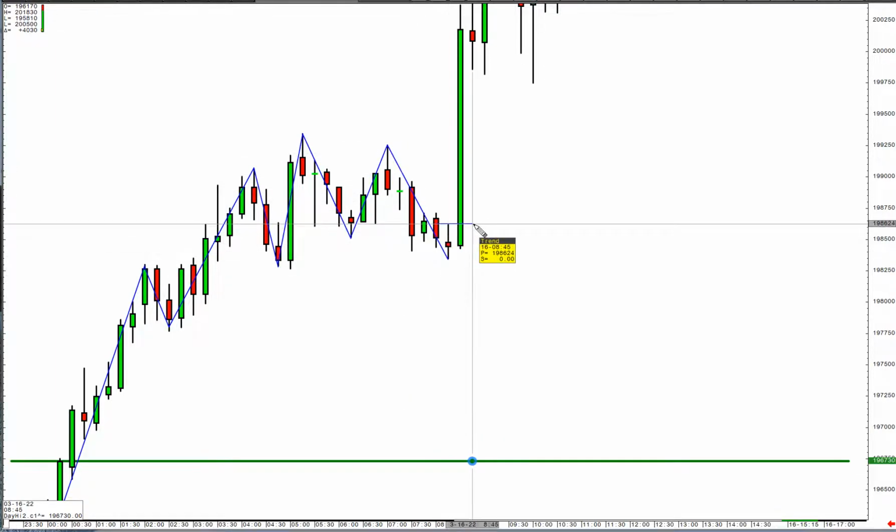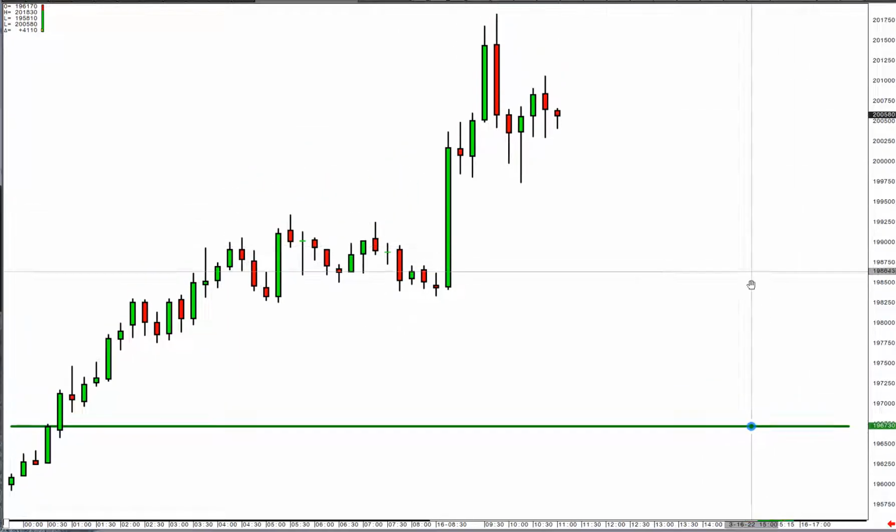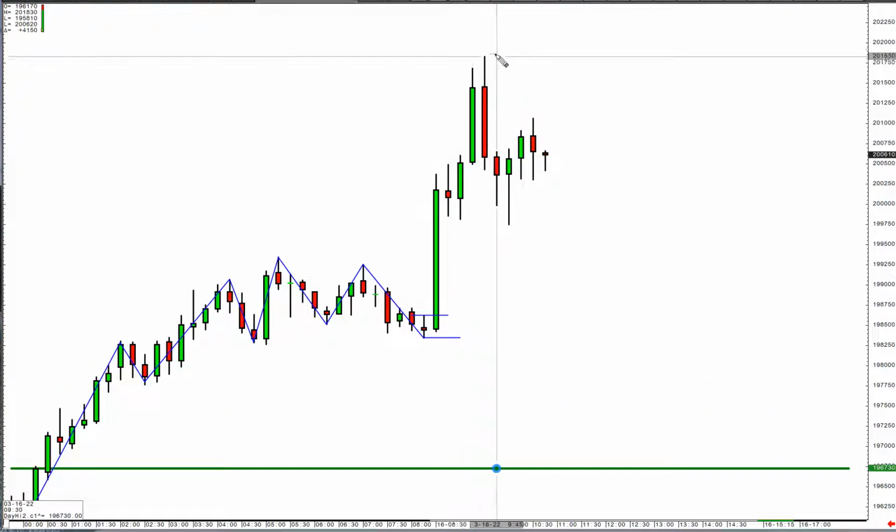And it gave us this tiny risk bar right before the open, of 86.20 minus 83.50, 2.7 points. And then, 5 bars after the open, we got to 2018.30.